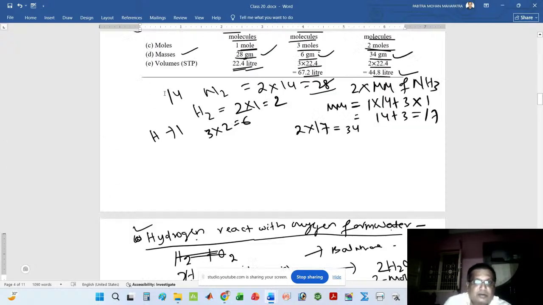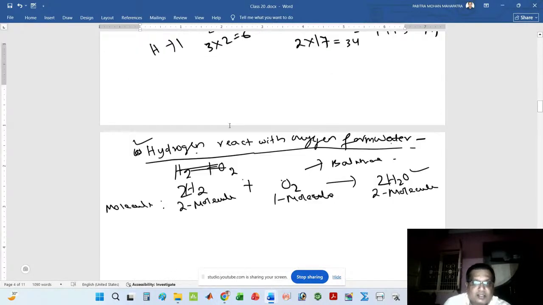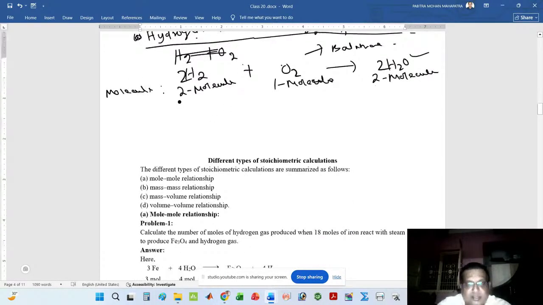Next, suppose I want to express it in terms of Avogadro's number. Then how can I write?